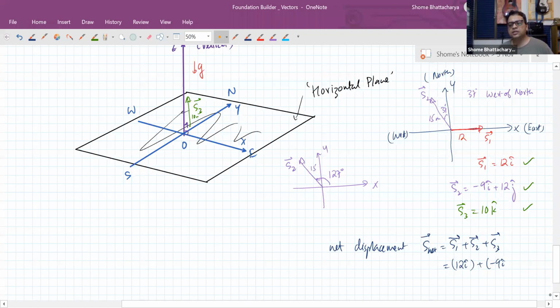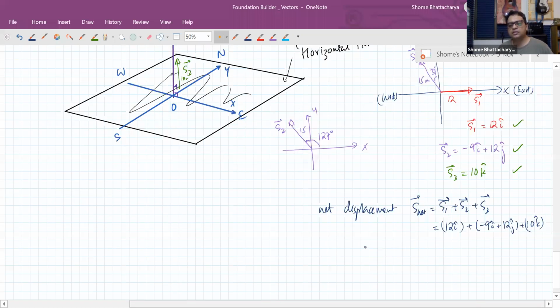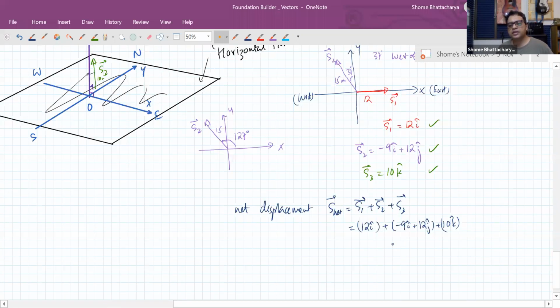Now next, just normal algebra, just open these brackets. So take i cap common. So you have 12 minus 9 i cap plus only one j cap term. So that's 12 j cap plus only one k cap term. So that's this. So your resultant displacement in component form is 3 i cap plus 12 j cap plus 10 k cap in meters. Each of these are in meters. So this is the net displacement in component form.